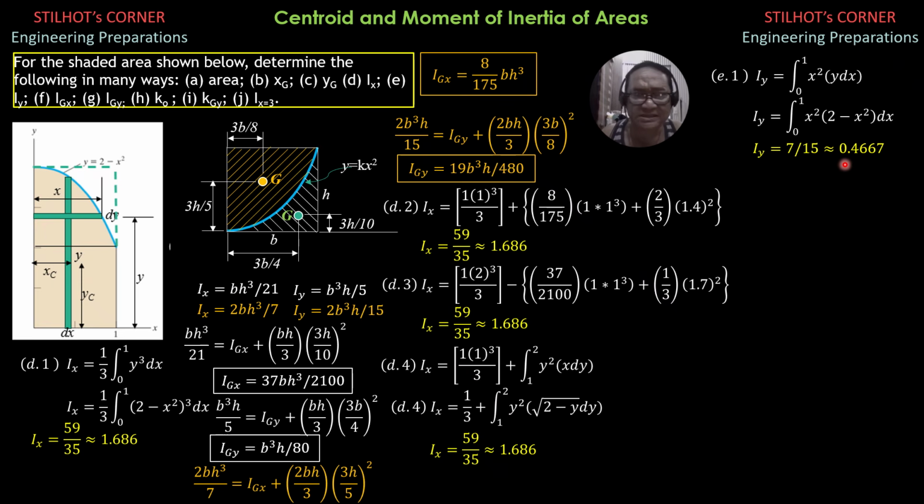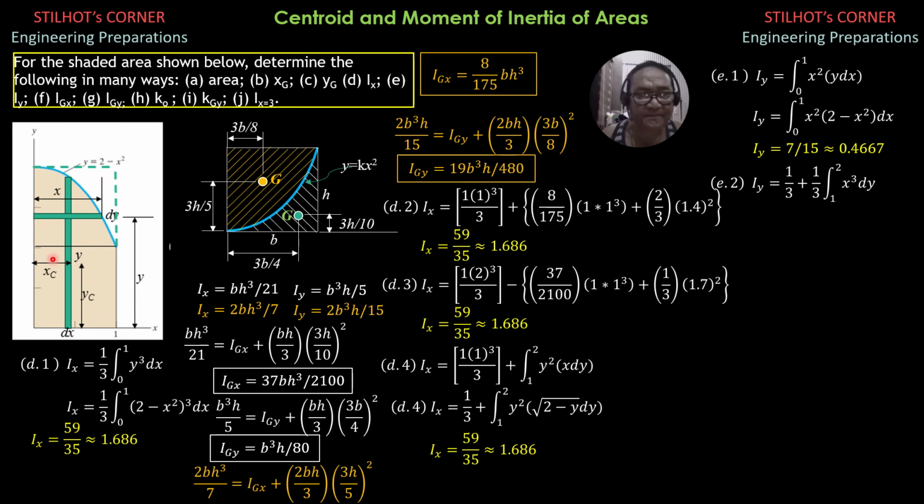Next is the transfer formula. IY is moment of inertia of the square plus moment of inertia with respect to the y-axis of this parabola. So for the square, it is 1/3 b cube, 1 cube h, 1 over 3. So it is still 1/3.